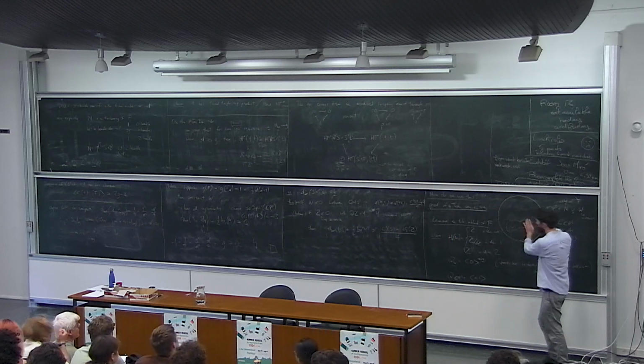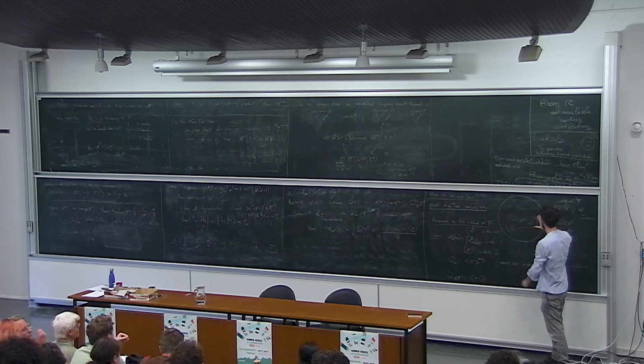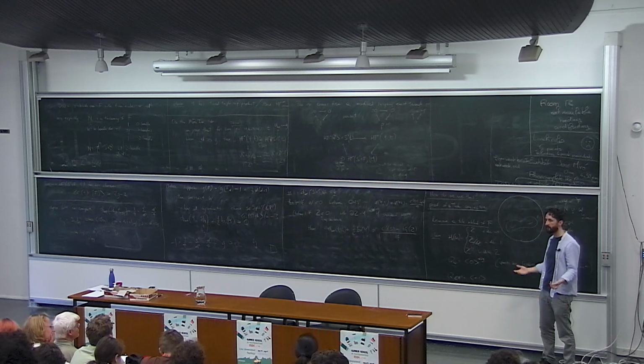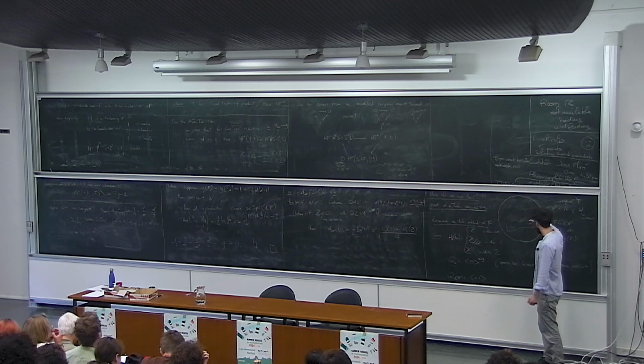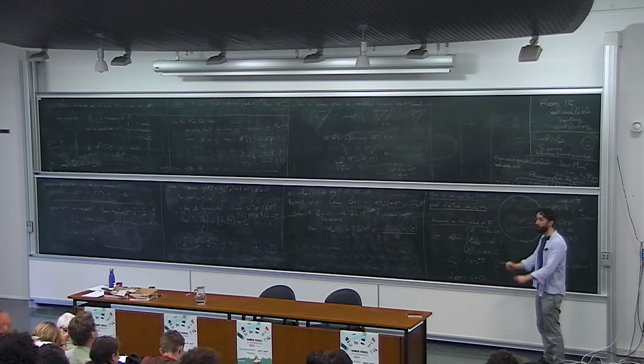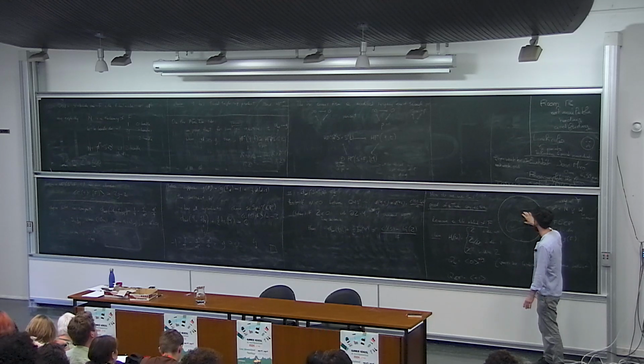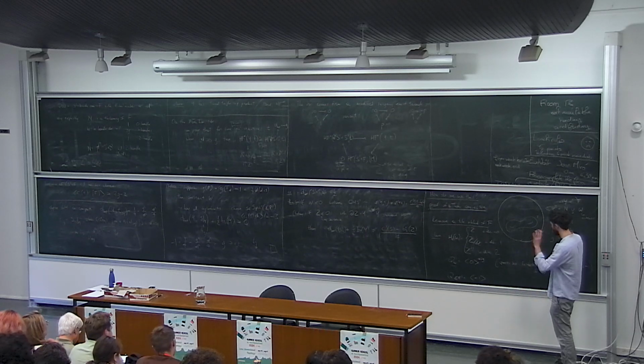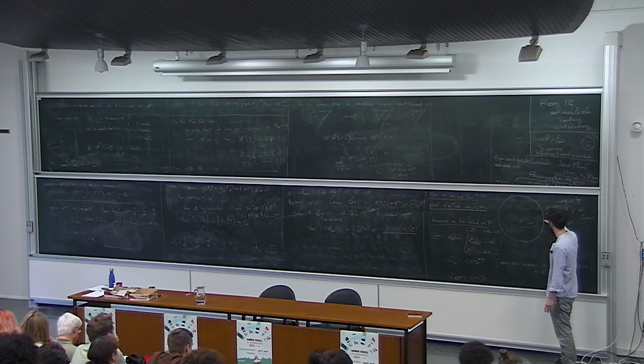I have one preferred spin-C structure on CP2. This is the canonical spin-C structure, the one that comes from algebraic geometry. And I'm taking that spin-C structure and I'm restricting it to all of the pieces that I see. I have 3 pieces. I have 4 objects that I'm playing around with. One is CP2.